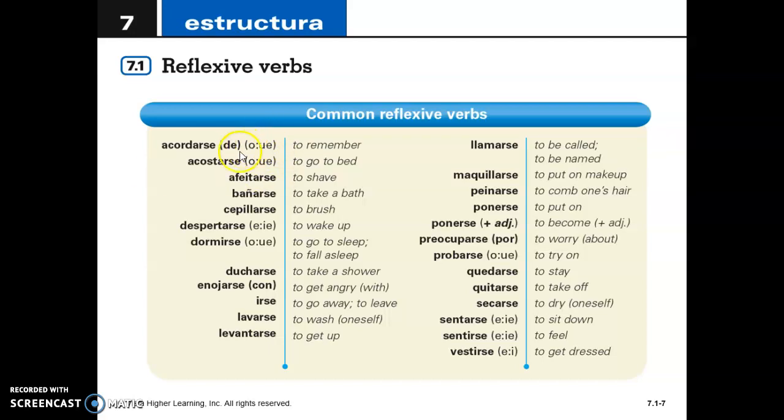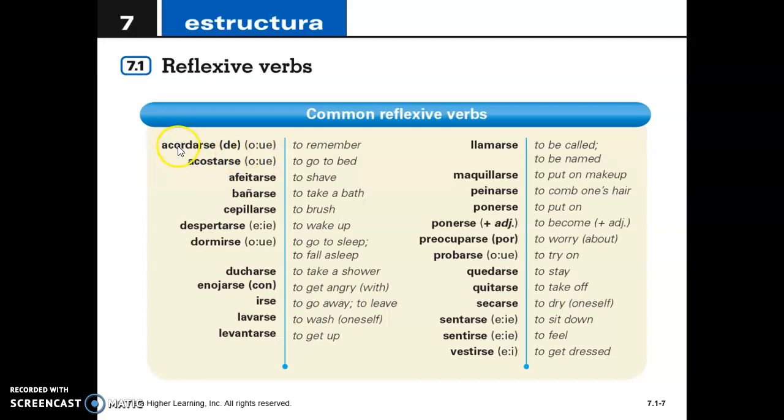Now, whenever you see those parentheses, it means that this is also, additionally, a stem changing verb. Stem changing verbs were addressed in Spanish 111, and those say that whenever we conjugate a verb, if this verb is a stem changing verb, it will make a change over here. For example, in here it's telling me O to UE.